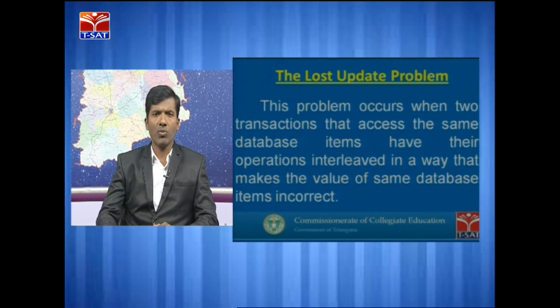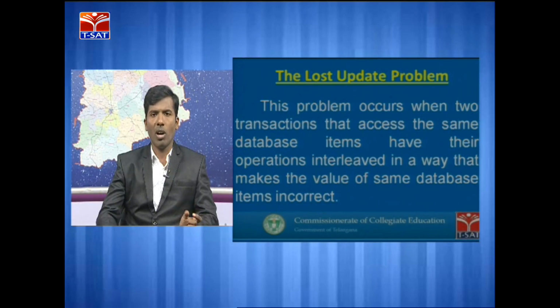This problem occurs when transactions that access the same database items have their operations interleaved in a way that makes the value of the same database items incorrect. Let us suppose that there are different transactions like T1, T2, T3, T4, and so on, and they are trying to access the data from the database.